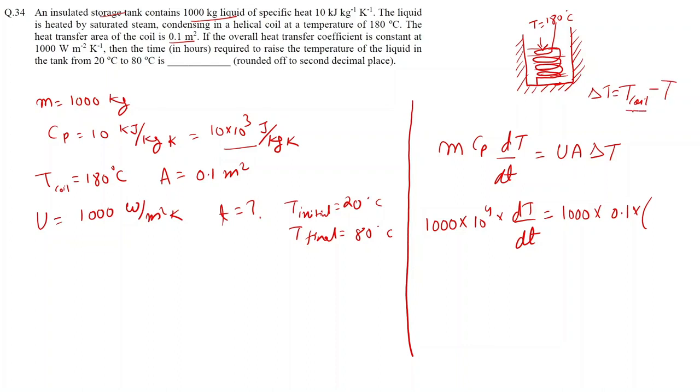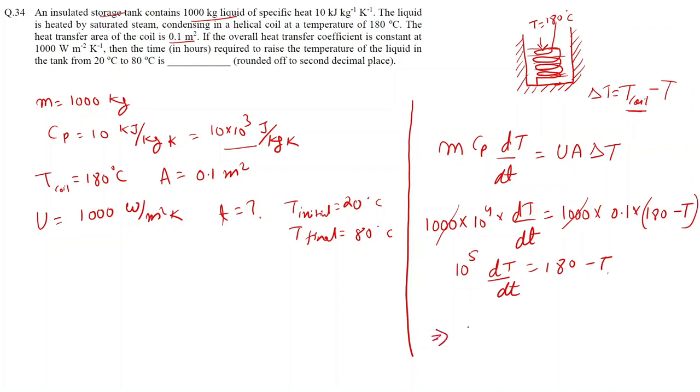The temperature of the coil we have been given as 180 degrees Celsius, minus T. So this is my delta T. So we can write this as, the thousands will get cancelled and this will become 10 raised to 5 dT/dt is equal to 180 minus T.